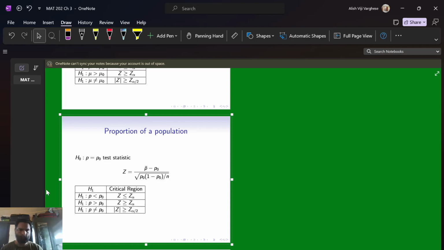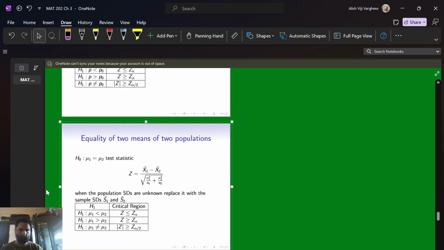The normalization process is the same: x minus mu by sigma, the way in which we normalize a normally distributed random variable into a standard normal random variable. The same linear transformation is used here: P bar minus its mean P naught, divided by its standard deviation, square root of P naught into 1 minus P naught divided by N.